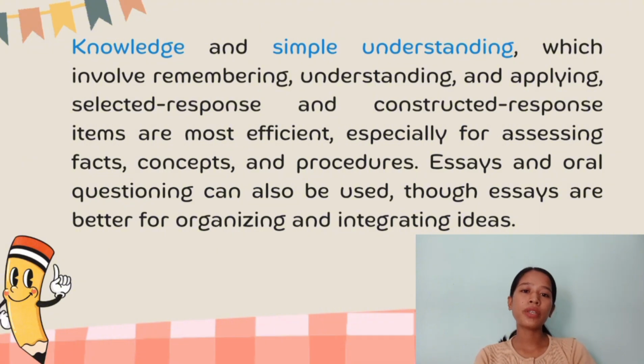Ang pencil and paper test would work well for evaluating facts, concepts, and procedures. Essays, on the other hand, allow students to express original ideas and show how they organize or connect information, making them useful for assessing writing and deeper comprehension. Oral questioning can also check for understanding, but it's less efficient and usually used informally during class discussion to give quick feedback and monitor progress.